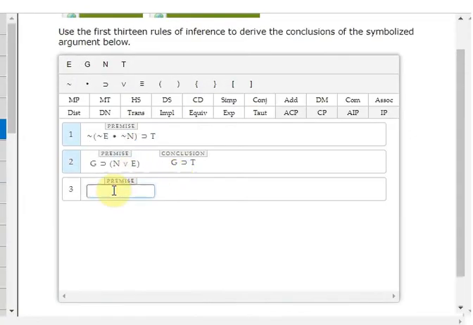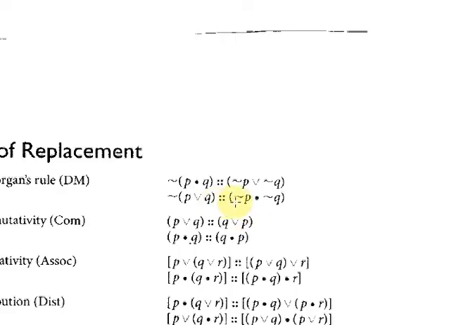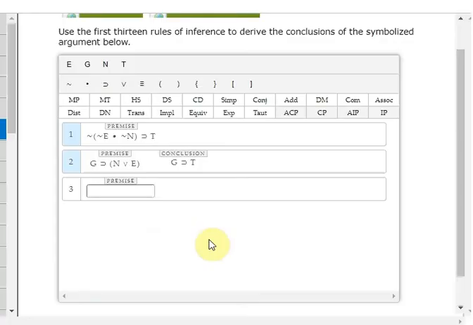We take the tilde and distribute it, because notice that the tilde is being distributed to the P and to the Q. The conjunction becomes a disjunction, and then we distribute that tilde. That's exactly what we're going to do here, but notice that we already have a negation inside the parentheses, so we have to keep that negation.